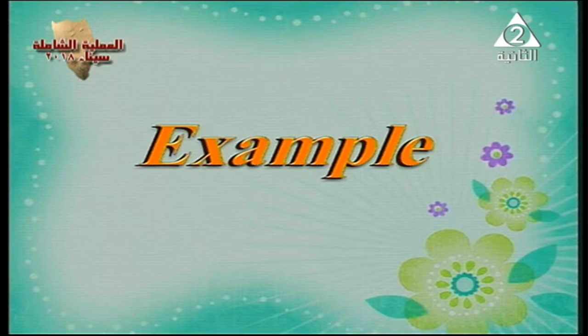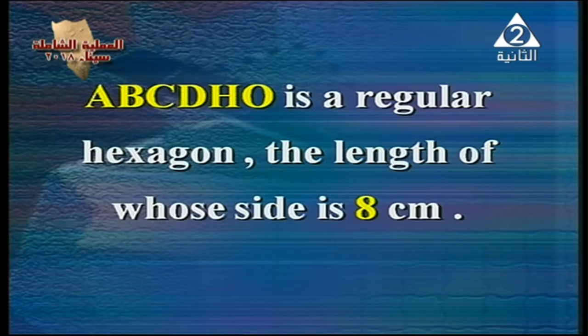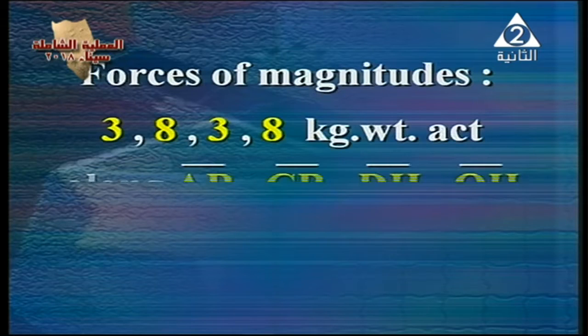Dear student, let's move to another example. ABCDHO is a regular hexagon, the length of whose side is 8 centimeter. Remember, a regular hexagon means all sides equal, all angles equal, and the measure of each is 120 degrees.